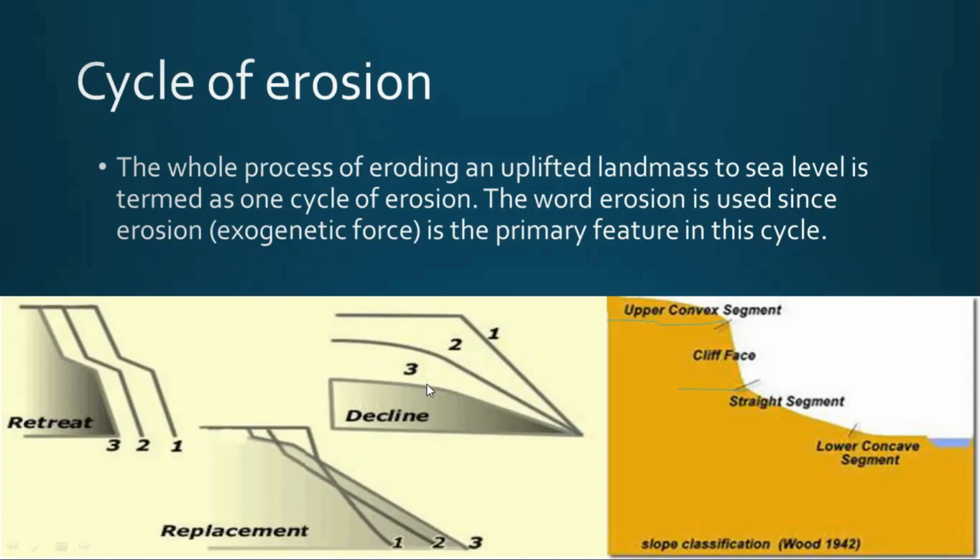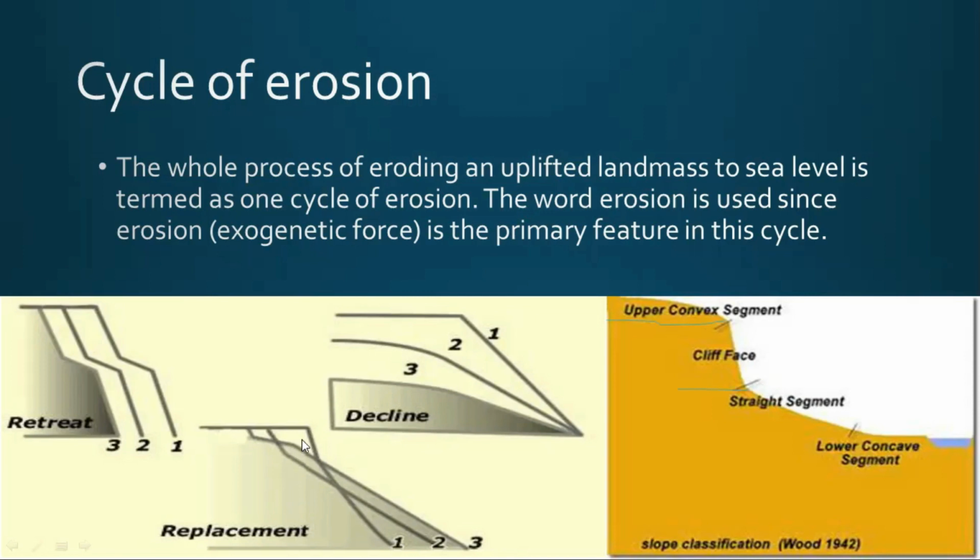Now, the Davisian theory of slope decline is time dependent. Penck's theory is not time dependent. Penck had said that even in maturity or in the old stage, the landform can again be uplifted, and if it is uplifted, the cycle will start again.